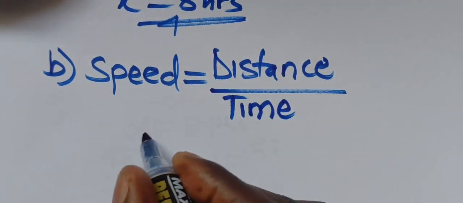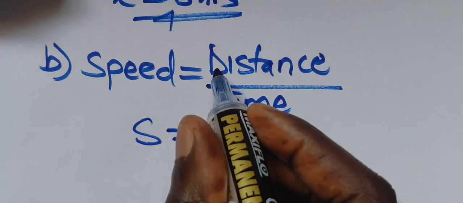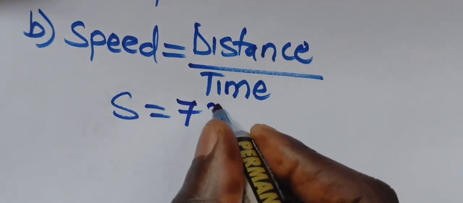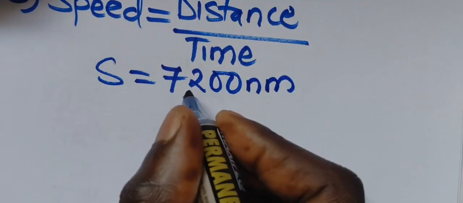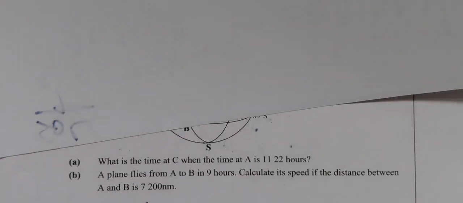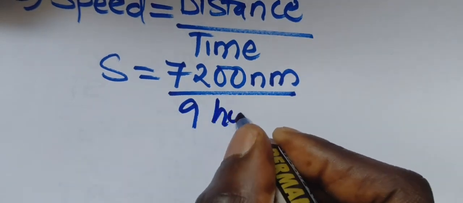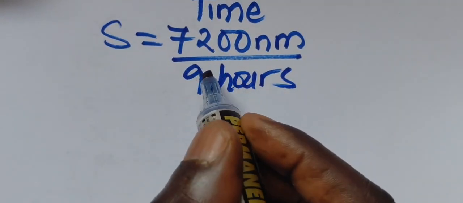Now, I'll denote speed as S, so this is going to equal S. And then for distance, this here is 7,200 nautical miles. Then over time, this here is 9 hours. So now, we just simply have to divide here.